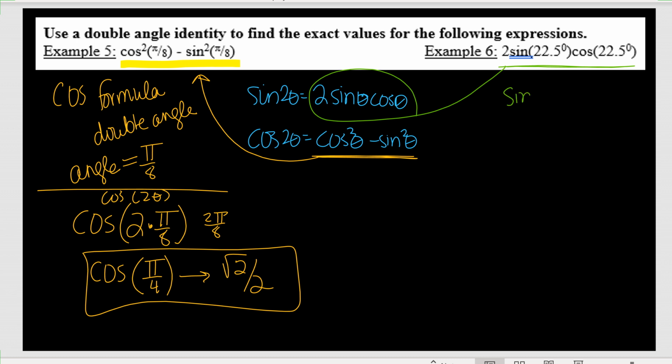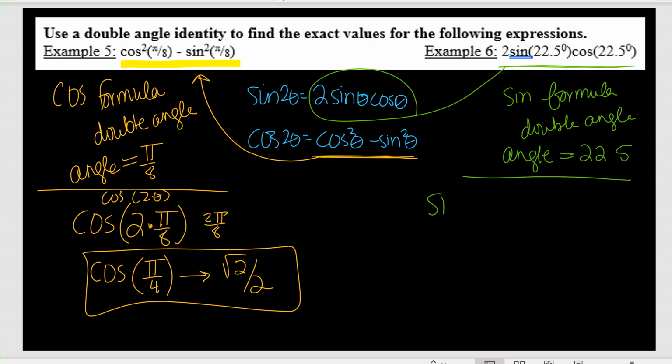So this is the sine formula for a double angle, and the original angle that they give us is 22.5 degrees. Okay, so let's use that info. Sine of 2 theta is going to be 2 multiplied by 22.5 degrees. So that will give us sine of 45 degrees.